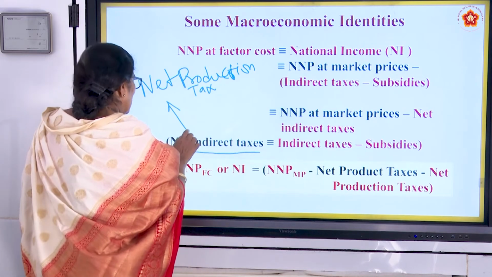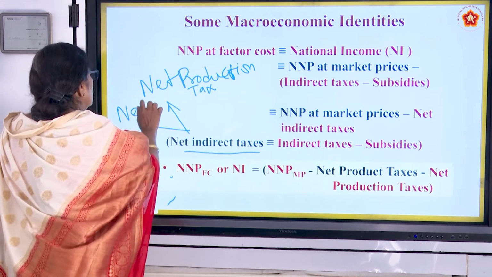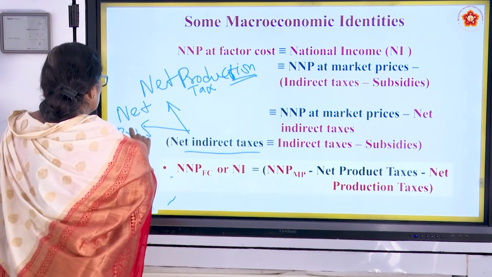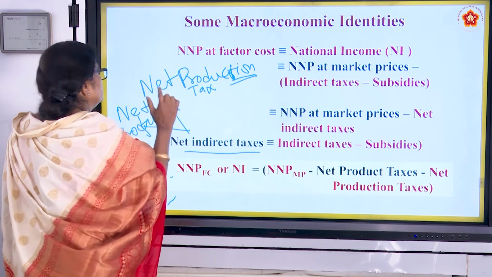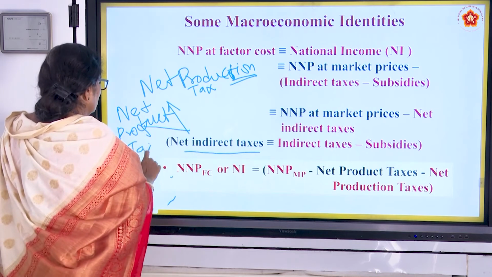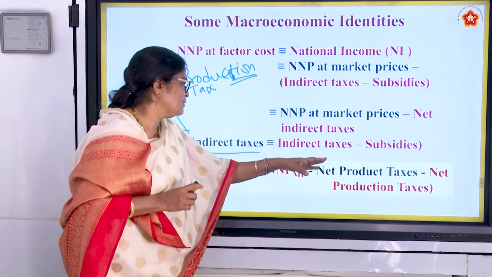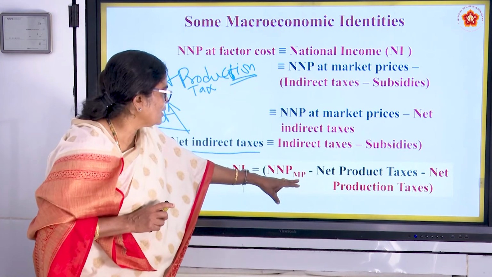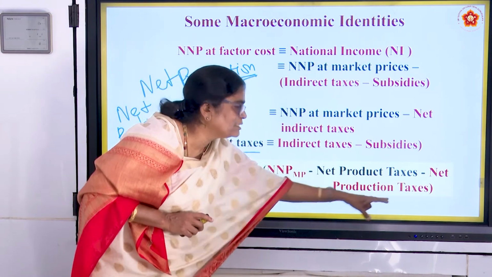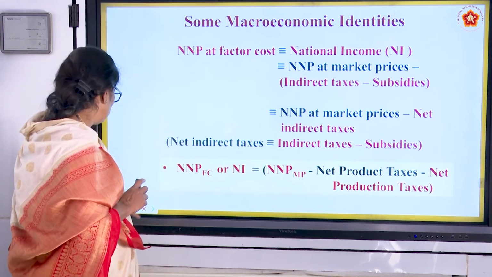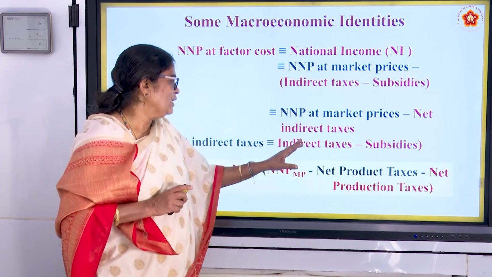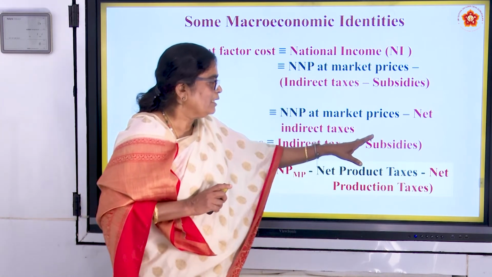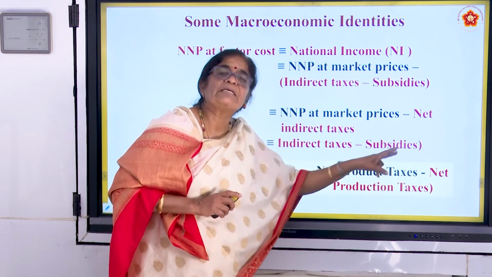Another one is net product tax, product tax minus product subsidy. Therefore, all the indirect taxes minus subsidies we can write in this form: NNP at market price minus net product tax minus net production tax. Indirect taxes mean production tax and product tax. Subsidies mean production subsidy and product subsidy.